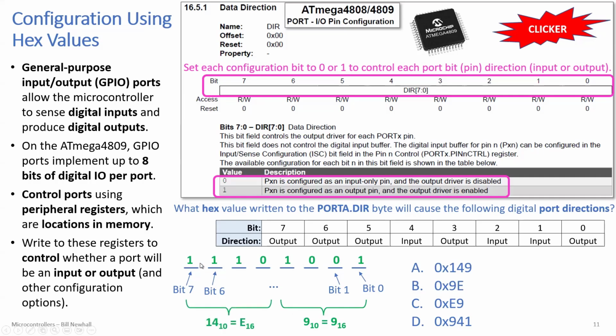And then 1110 is what? 8 plus 4 plus 2, which is 14 base 10. That's an E in hex, E base 16. So you get E9. So if you program E9 into this register, port A.direction, then you will set those pins as inputs and outputs described here.